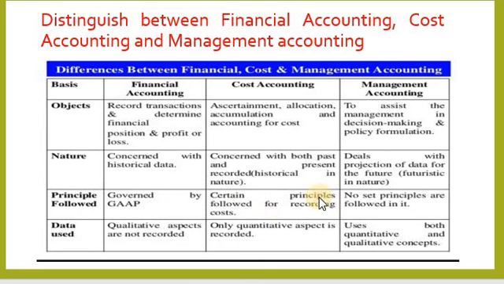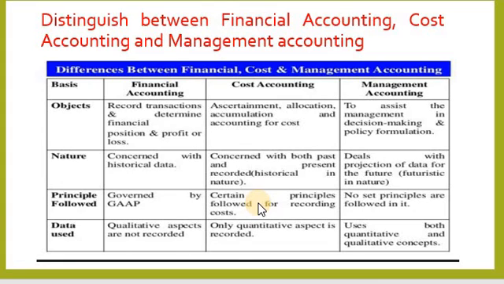Then coming to cost accounting, it depends upon certain principles followed for recording cost. If you want to record the estimation of cost, you have to follow some rules and regulations. For example, if you want to calculate the prime cost, it includes direct material, direct labor and direct wages.